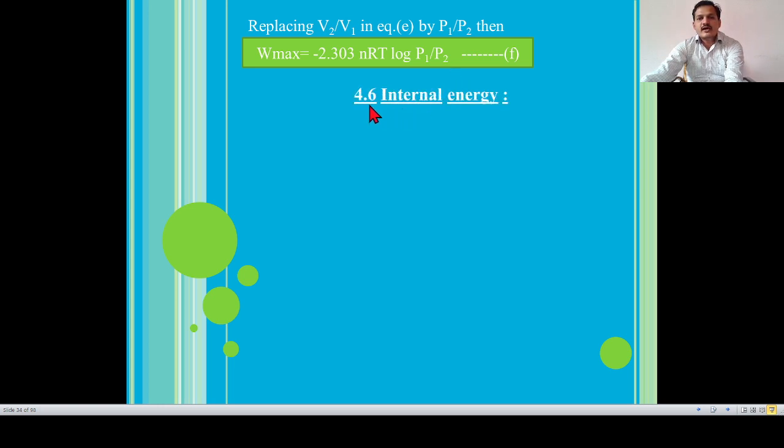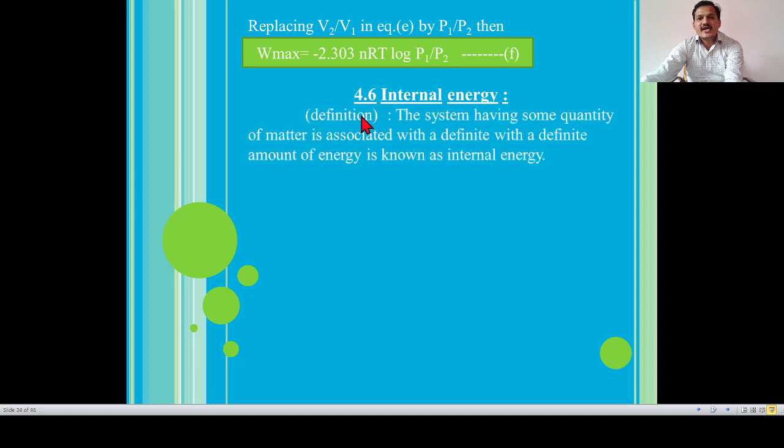Okay, our next point is internal energy. A system having some quantity of matter is associated with a definite amount of energy, known as internal energy. In simple words, the energy which is already stored in a system is called internal energy.